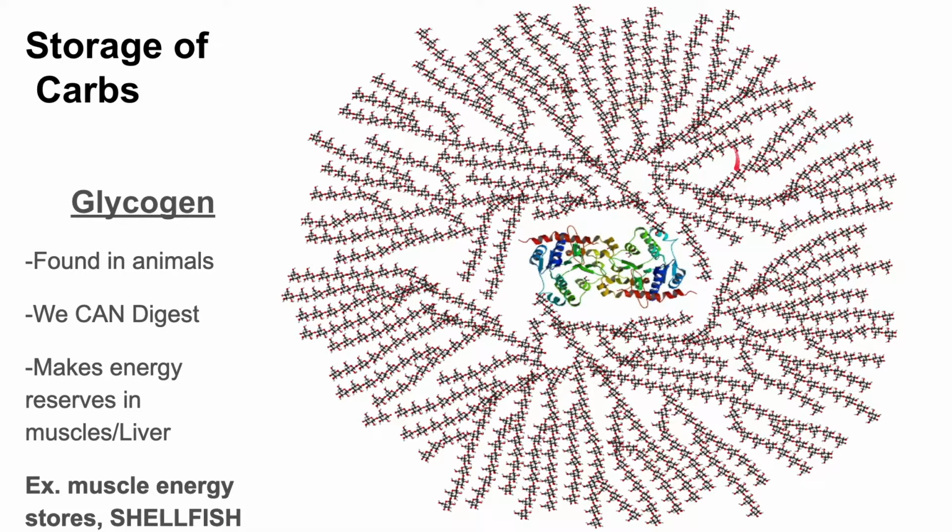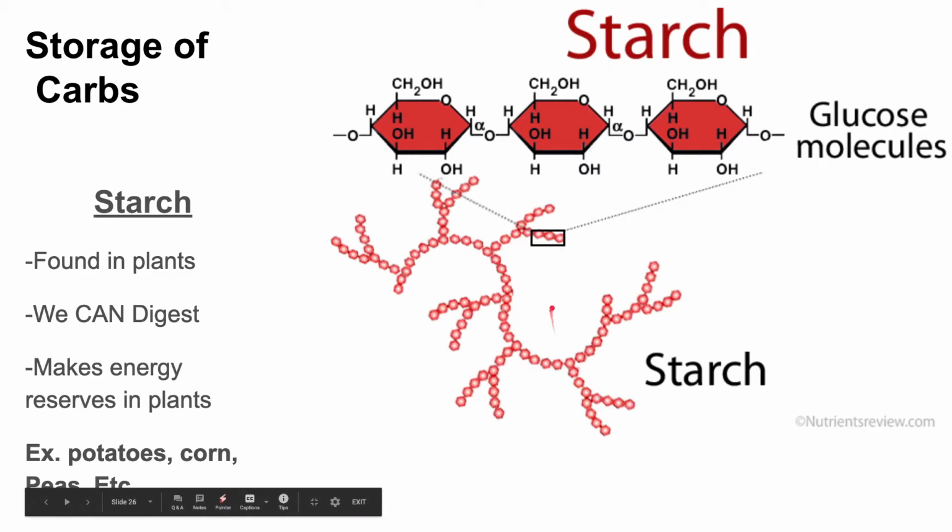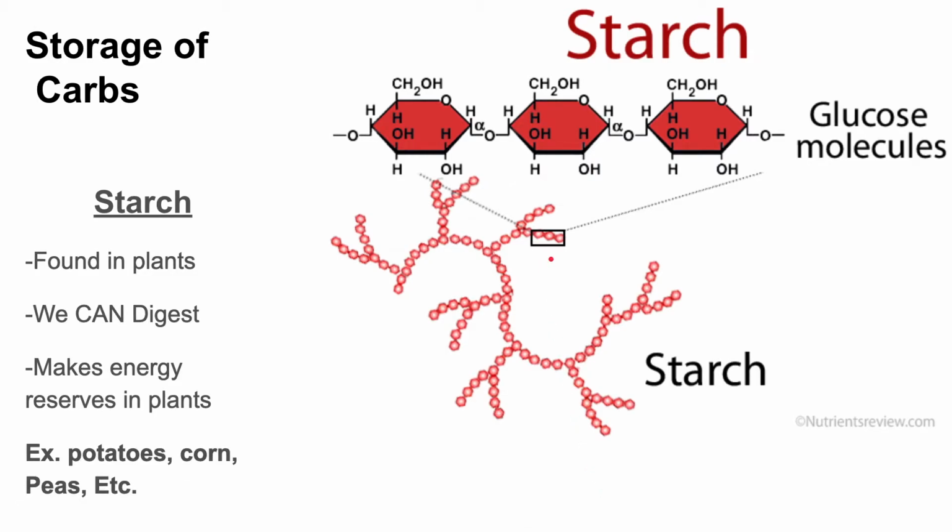It doesn't have quite as many ends for those enzymes to attach to and break down. So it digests quickly, but not quite as quickly as glycogen, which actually kind of makes sense because if you think about it, plants don't have very many, oh no, I need energy now moments. So it actually kind of makes a lot of sense that their method of storing energy for future endeavors would digest a little bit slower than glycogen.